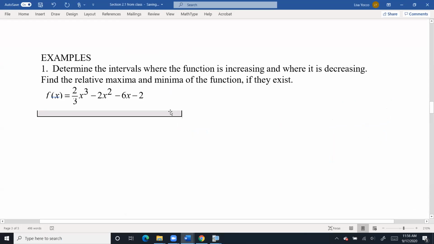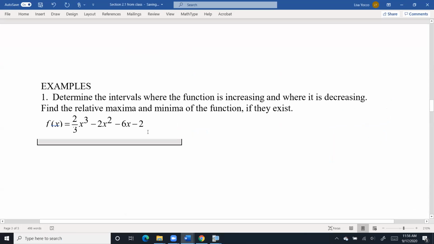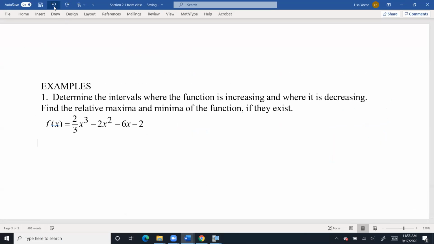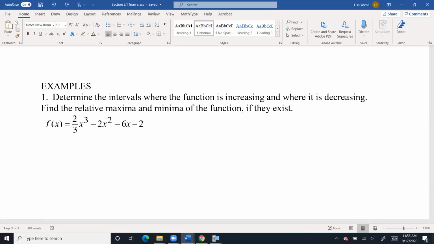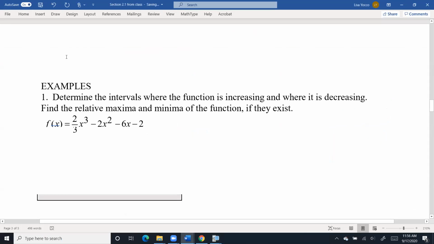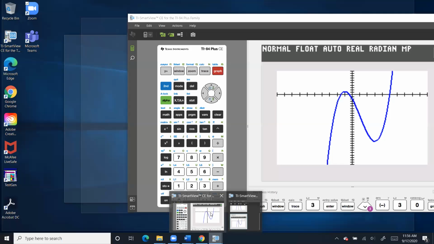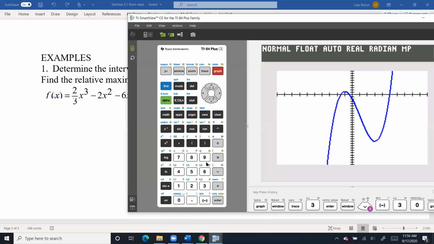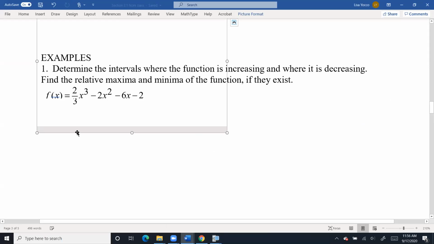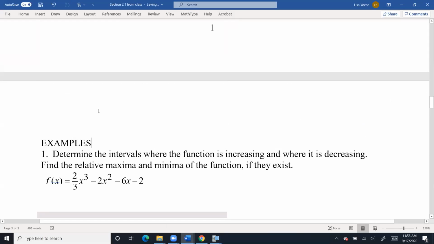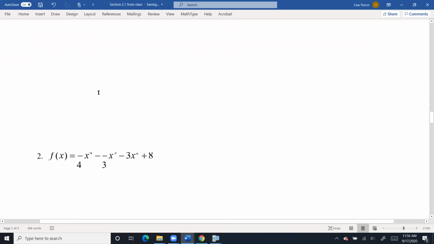Let me try that a different way. Let me try pasting this up.